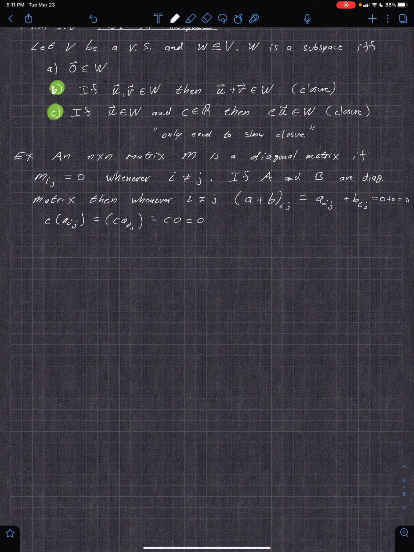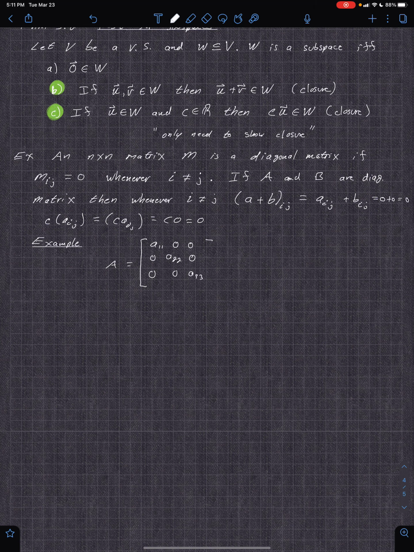Let me give you just an example, for your benefit to look at. If you have A, a generic example, and I chose to do a 3x3: A11, 0, 0, 0, A22, 0, 0, 0, A33.